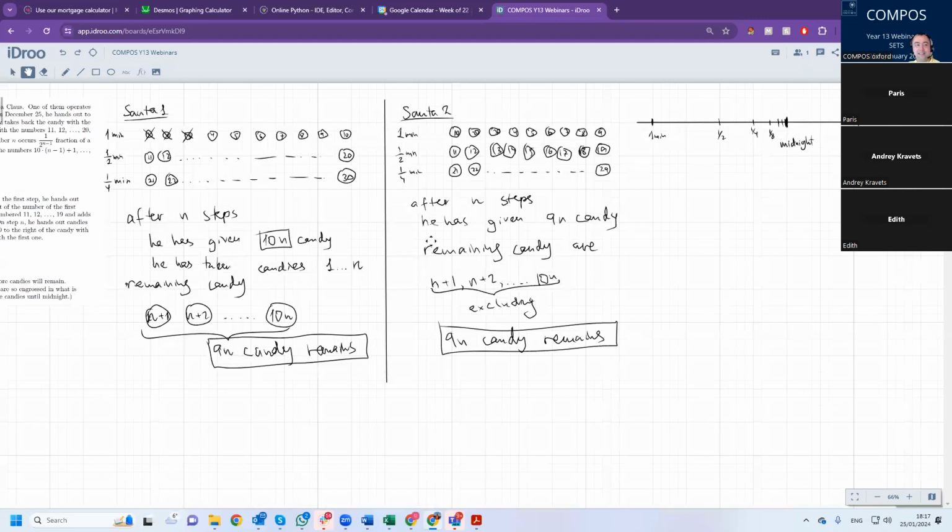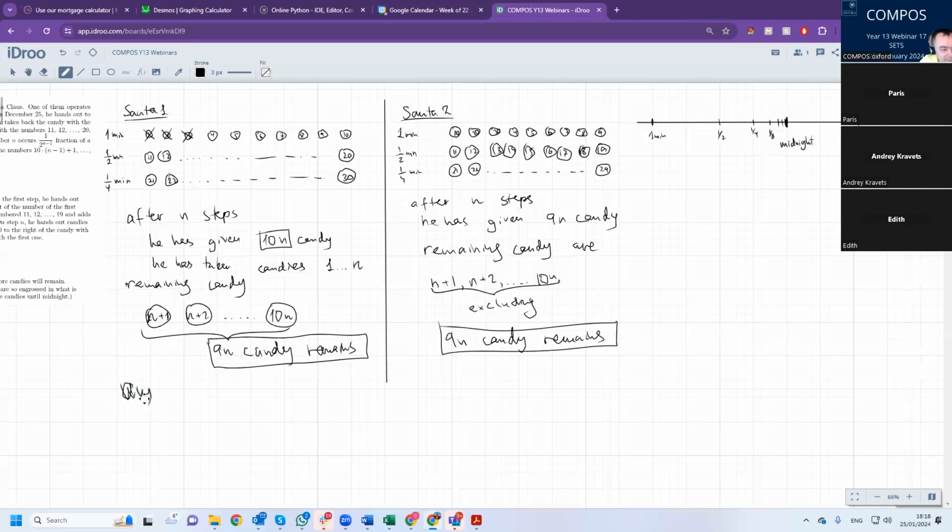For any candy, you can pinpoint the exact time somewhere between 23:59 and 0 hours 0 minutes when the evil Santa, of course, is going to take that candy away.